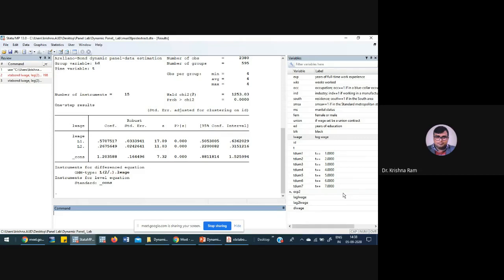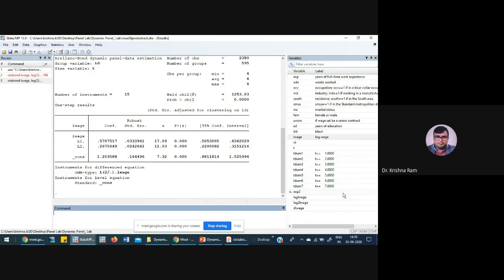Similarly, wage of period 1 has an impact on wage of period 3. Because the first lag of wage has an impact on the current year's wage. Similarly, the second lag, the previous two years' value of wage, affects the current value of wage.